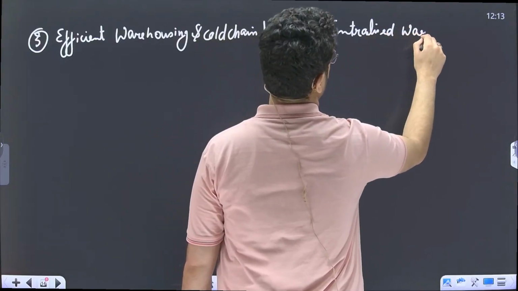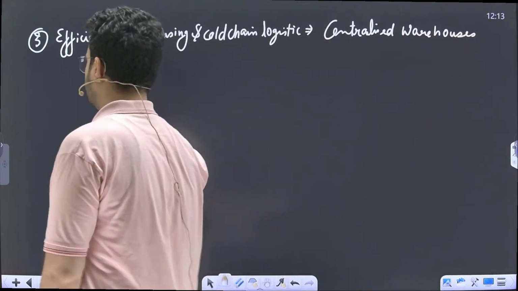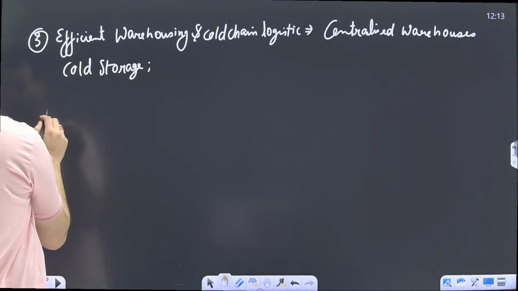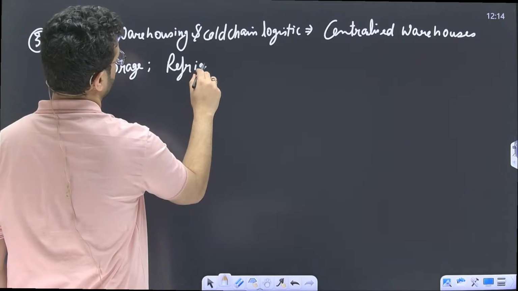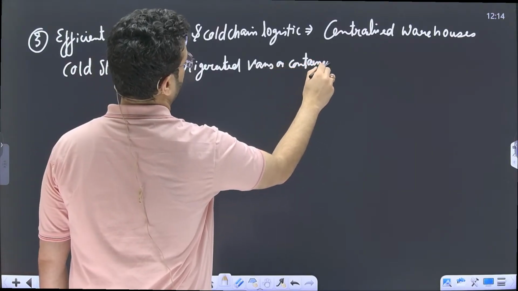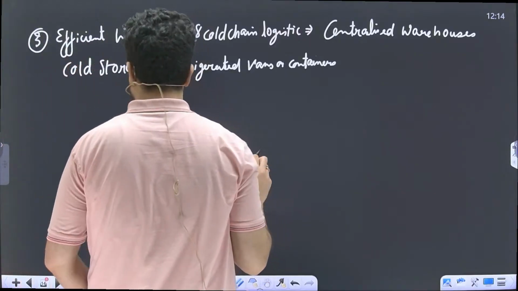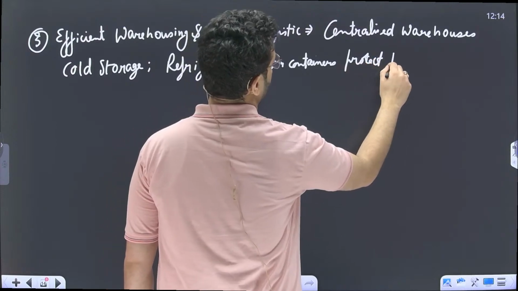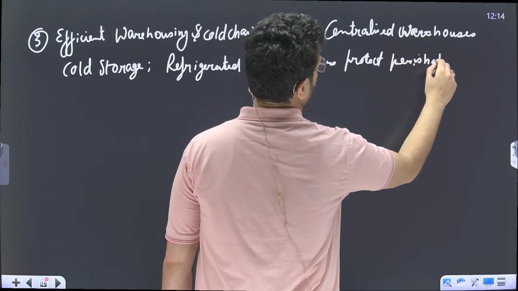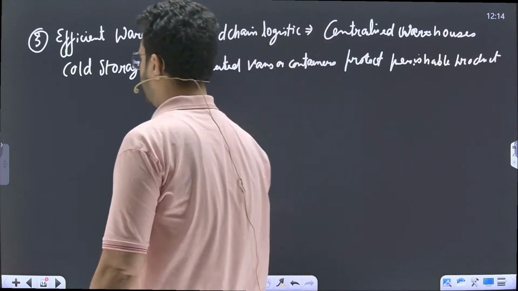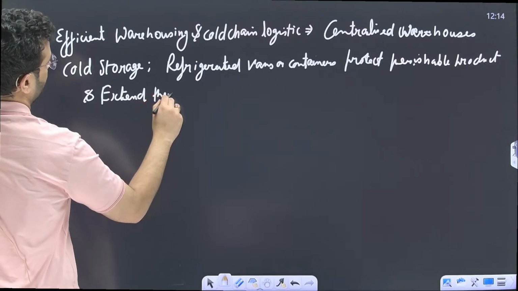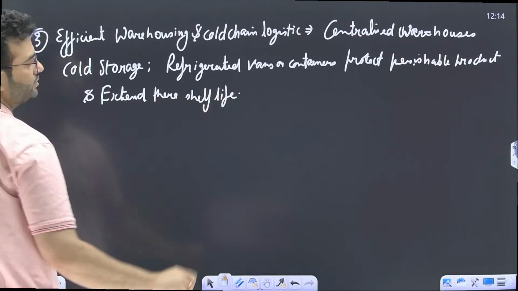Centralized warehouses, cold storage, refrigerated vans or containers protect perishable products, and their shelf life can be extended.